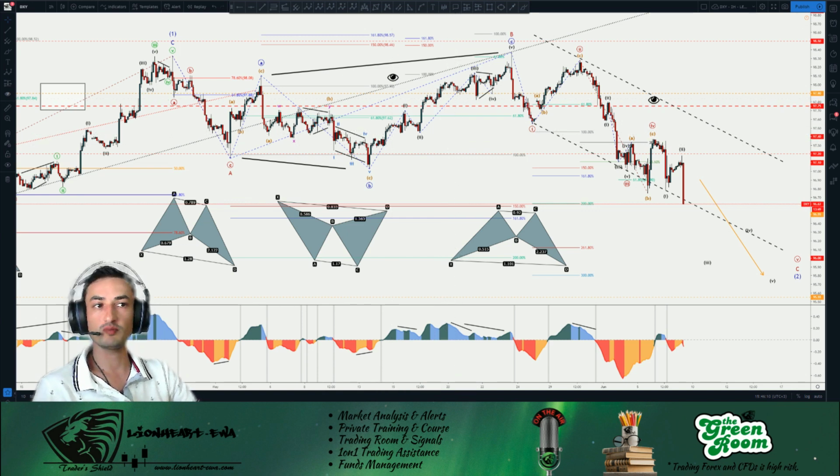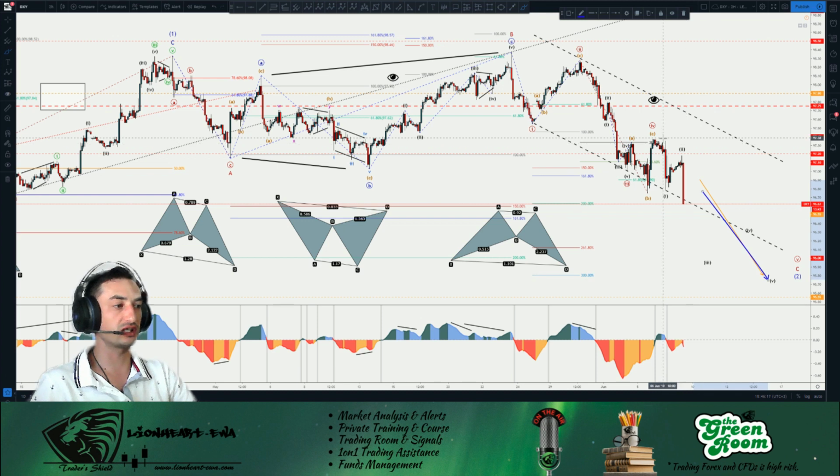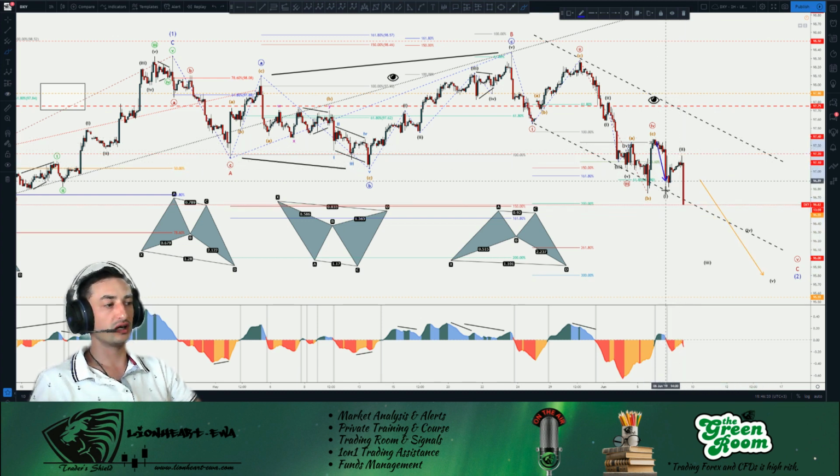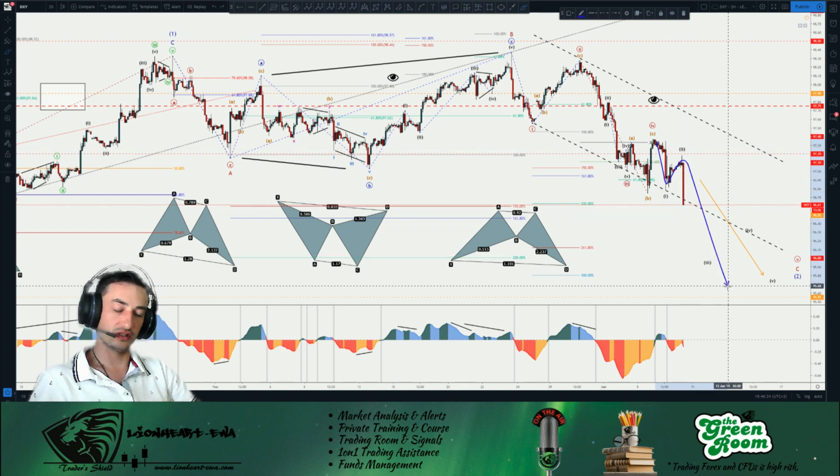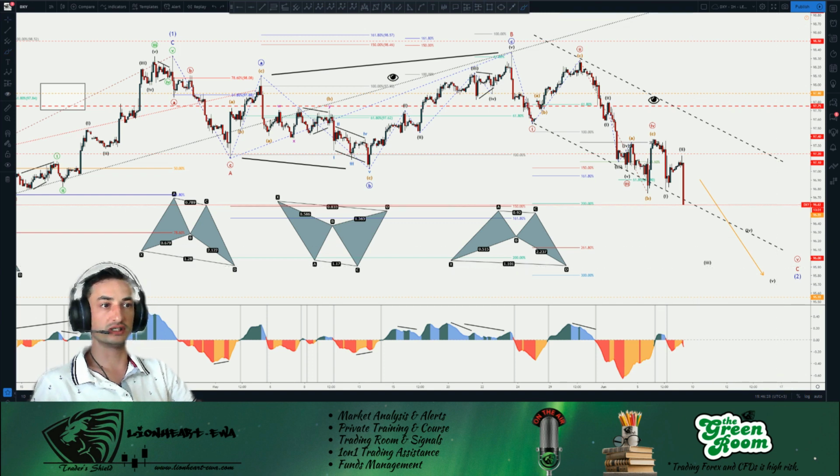So the dollar index: I was obviously inclining for the downside. It seems like the wave 4 has ended, so we have completed a wave 1, 2, and we're basically within the 3 of the last fifth leg for the downside, so it should be quite deep.